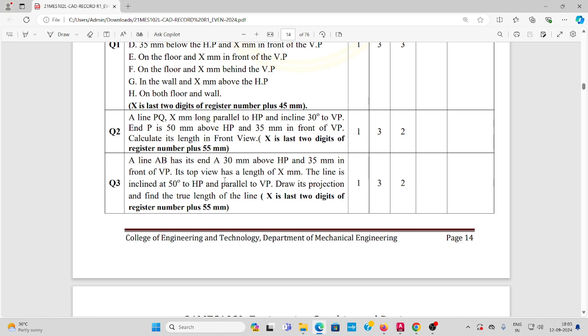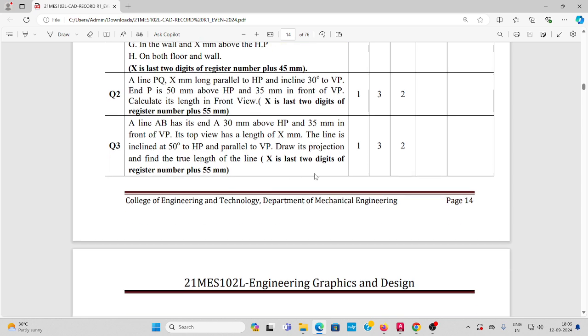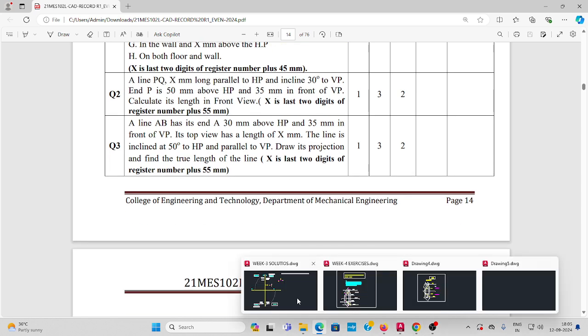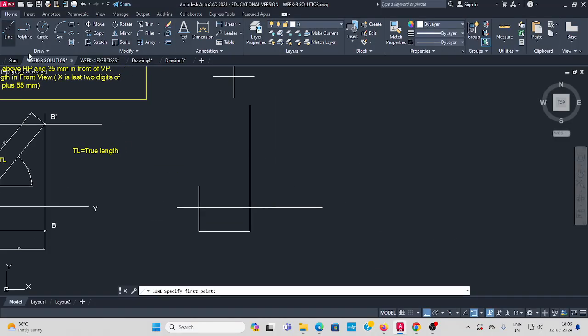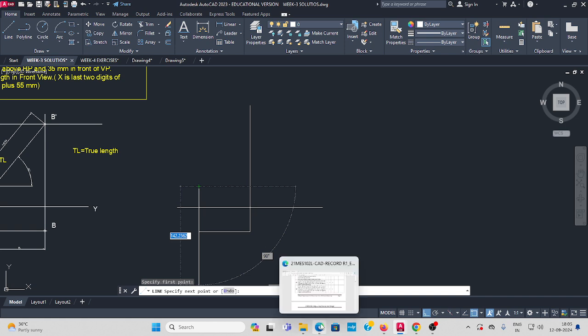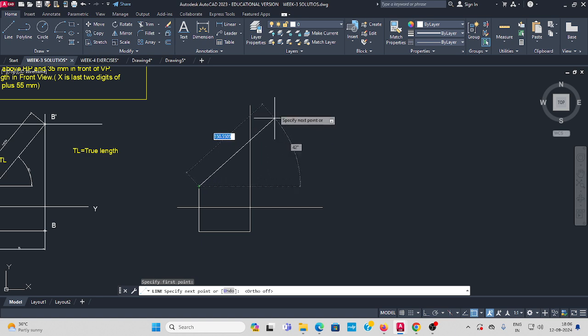This line is inclined at 50 degrees to HP. So take the line command, starting from here. Press ortho on. This length is not given.